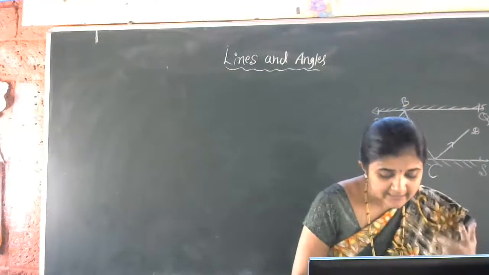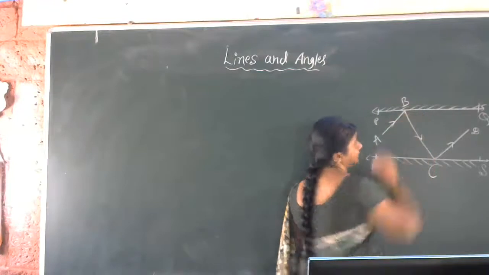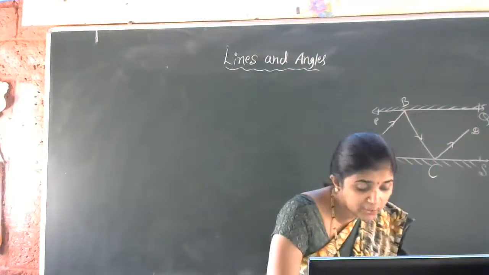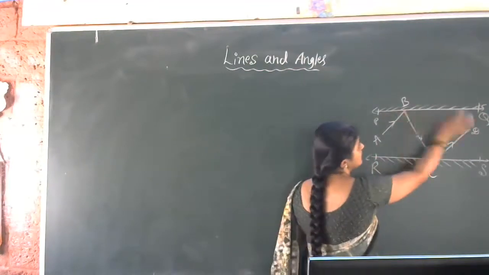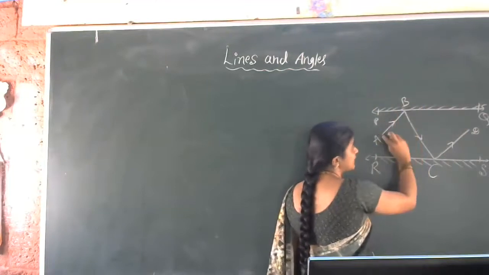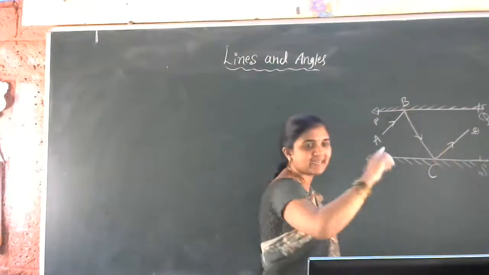An incident ray AB, this is the incident ray AB, strikes the mirror PQ at point B. Are you observing? This is the incident ray, then it reflects. Incident ray, reflected ray.